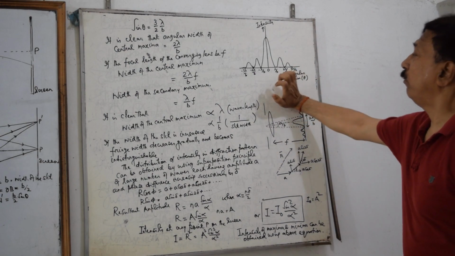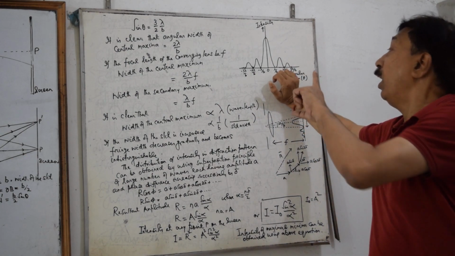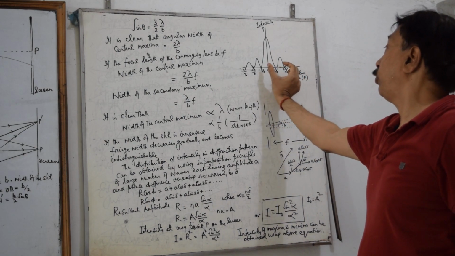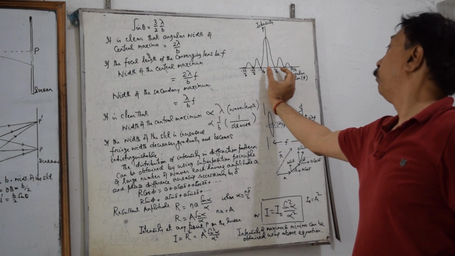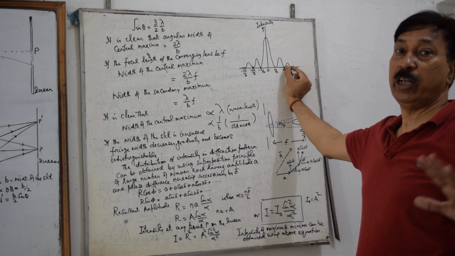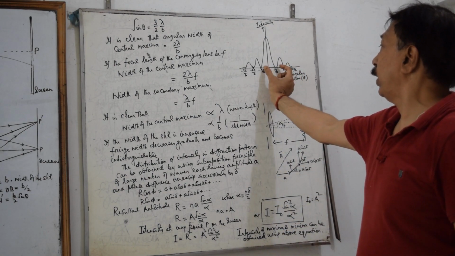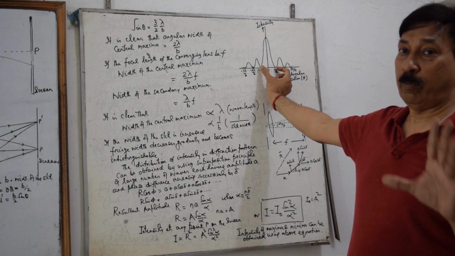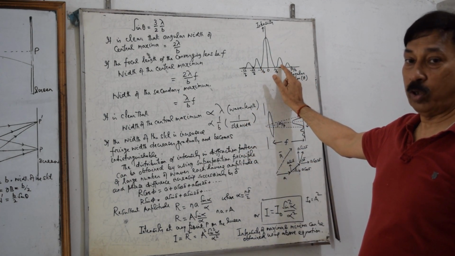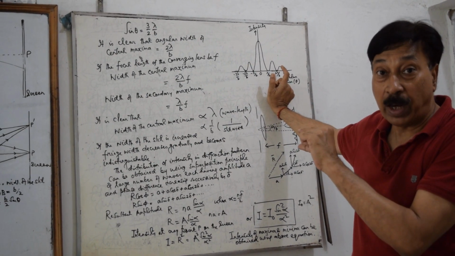What we observe, unlike interference, is that we have fringes here of varying intensity. The central maxima is very bright, but the brightness goes on decreasing with increasing order of fringe. This is obvious because the central maxima is obtained by diffraction from the entire slit, whereas the first order maxima we get due to diffraction from one-third part of the slit.